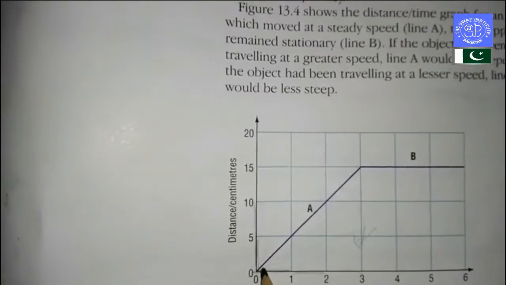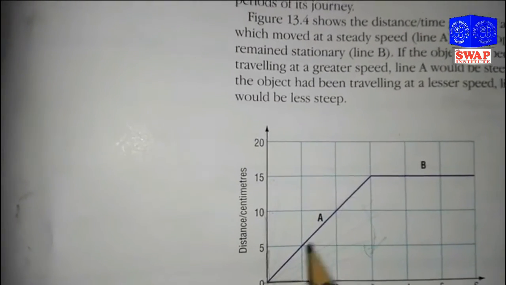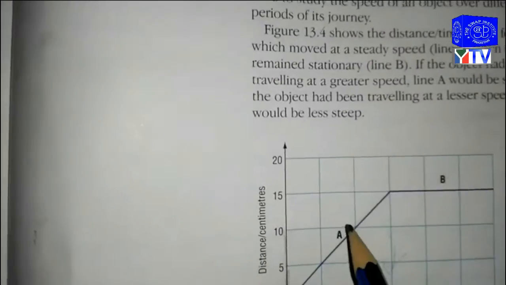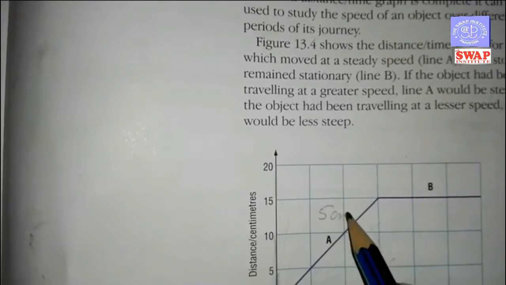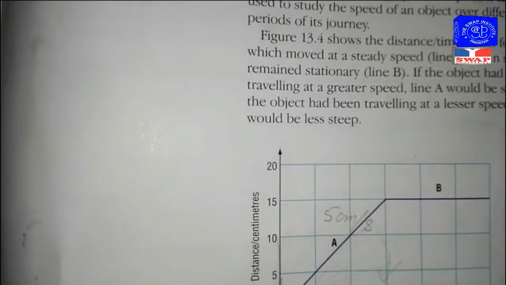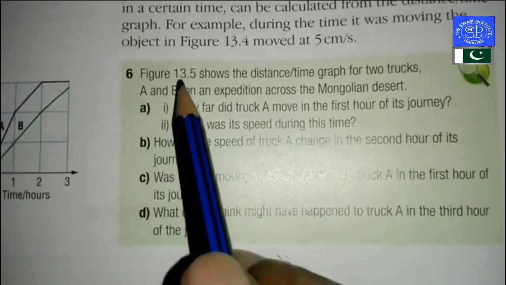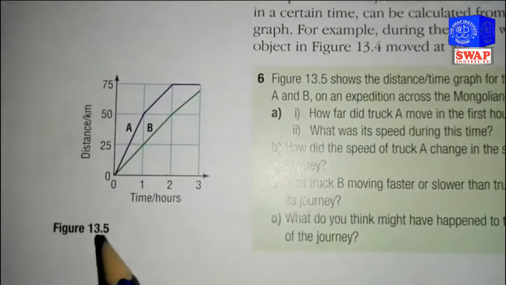So the speed of the object in line segment A is 5 centimeters per second.